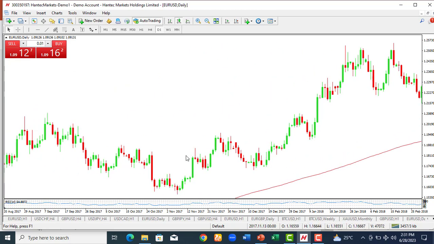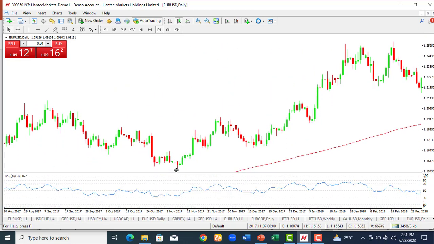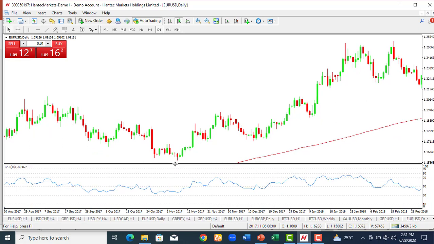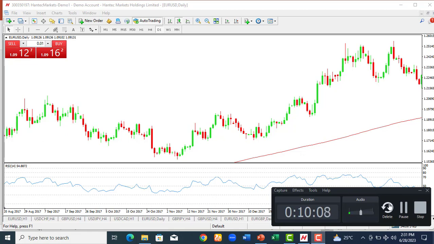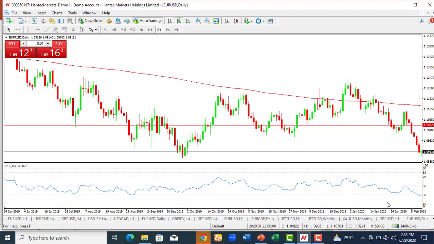But for the sake of this class, you make use of your indicator, the RSI we use.